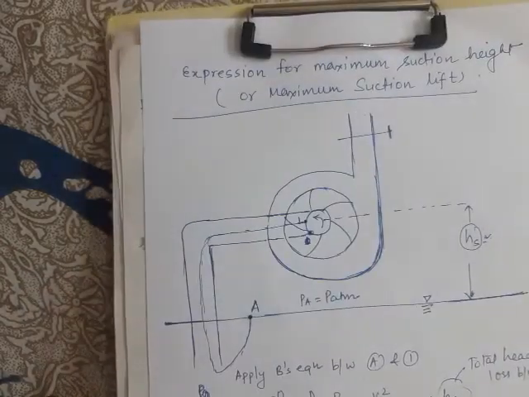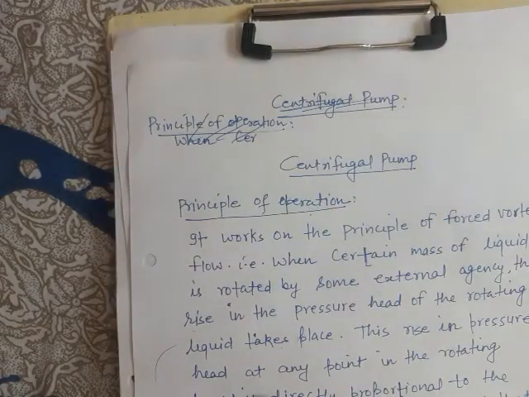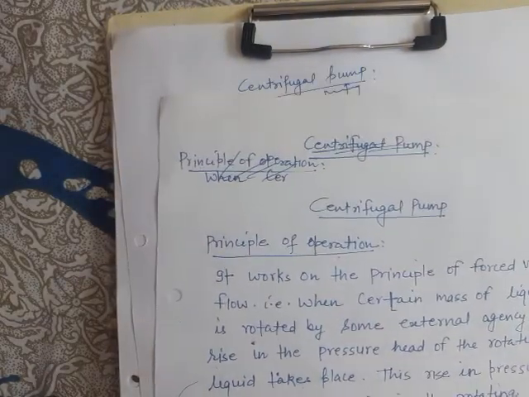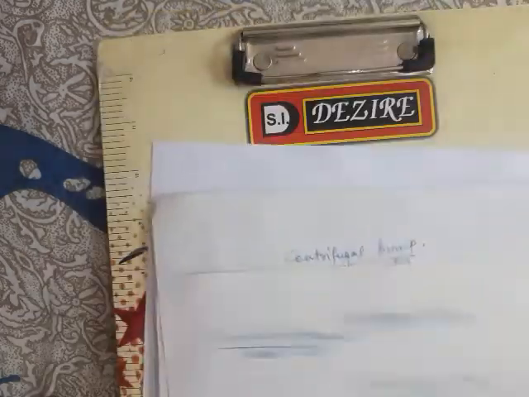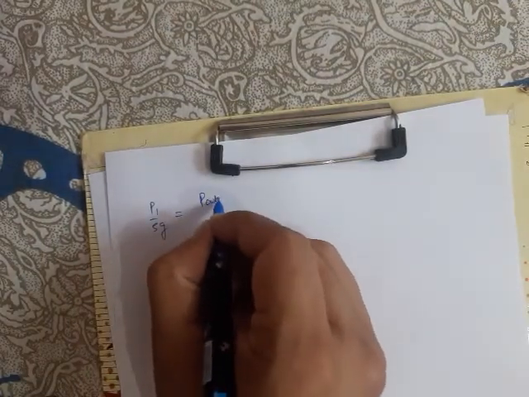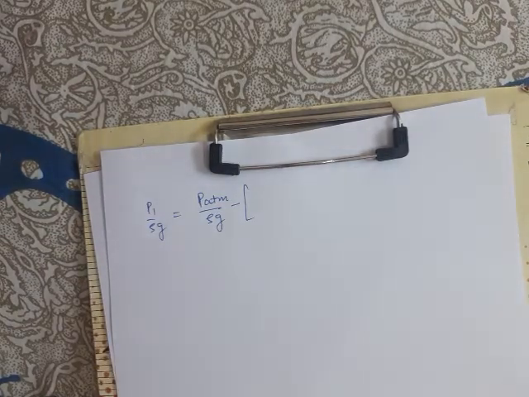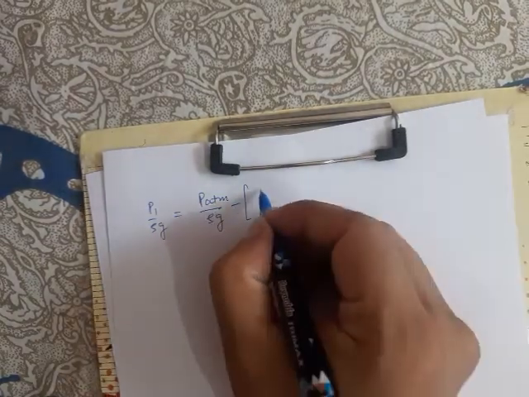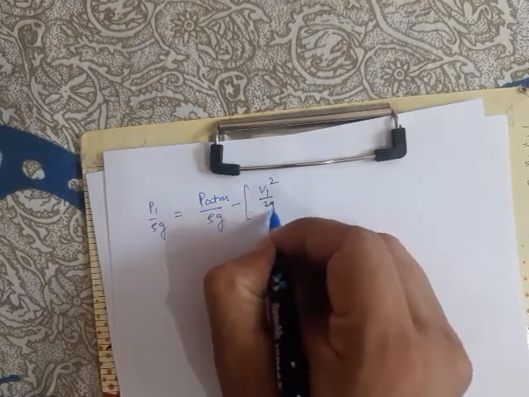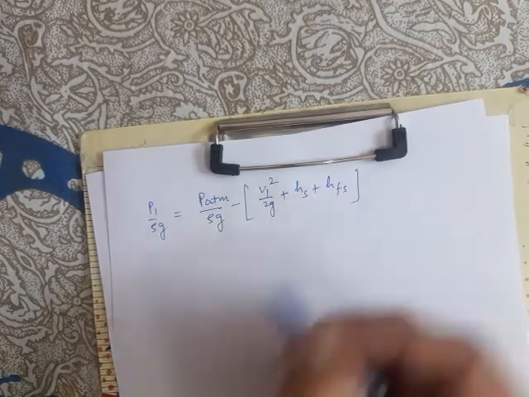Now let's write further. Let's take another page. Please note, P1 by rho g is equal to PATM by rho g minus V1 square by 2g plus HS plus HFS.